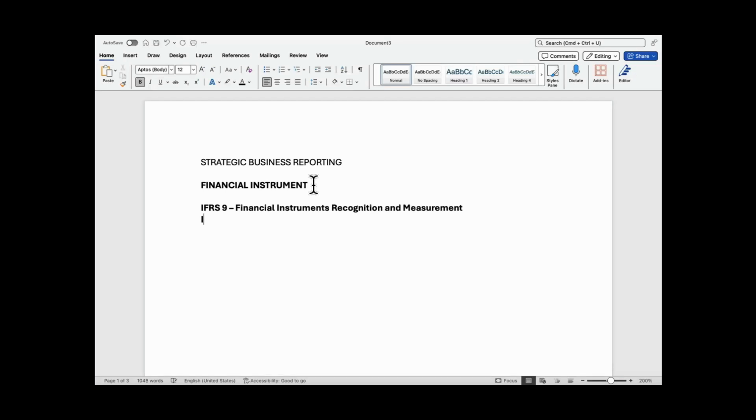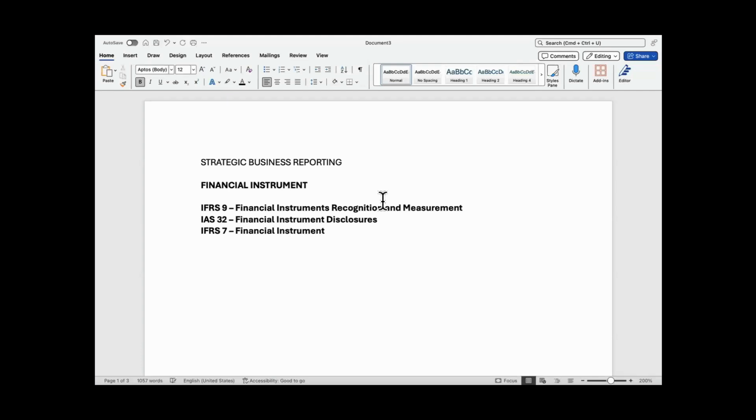We would also be using IAS 32 that talks about financial instruments disclosures. And there is IFRS 7, which I would not touch.